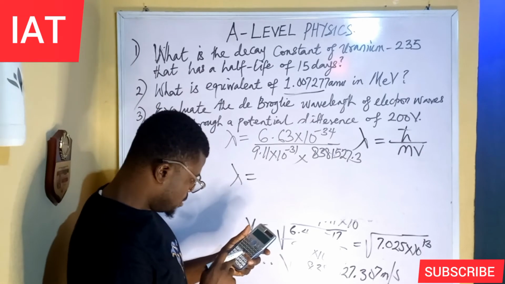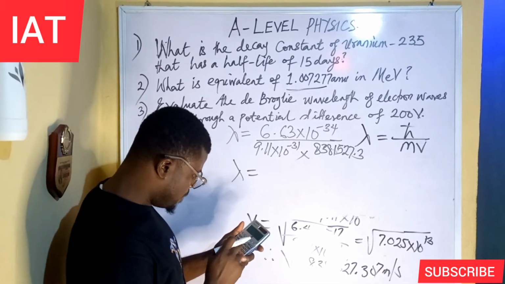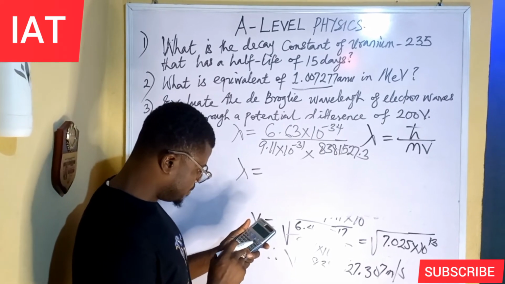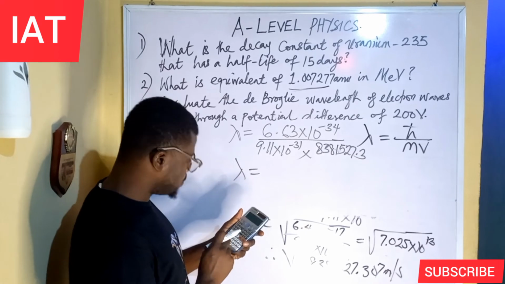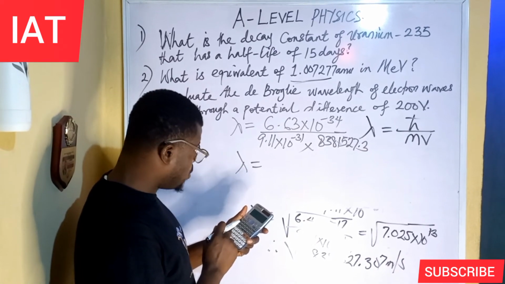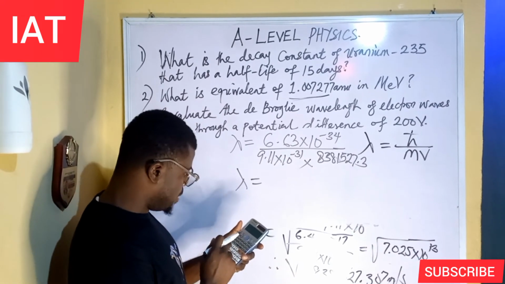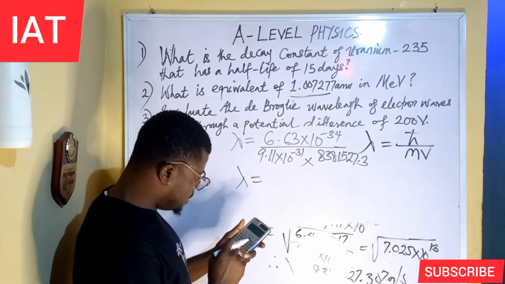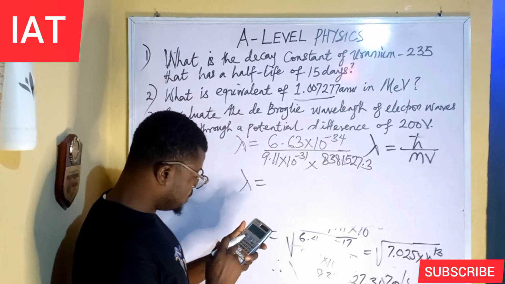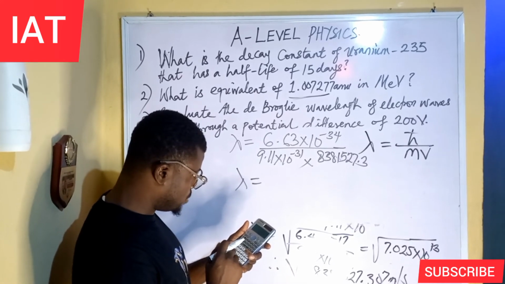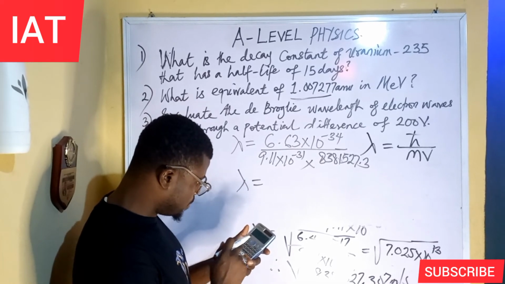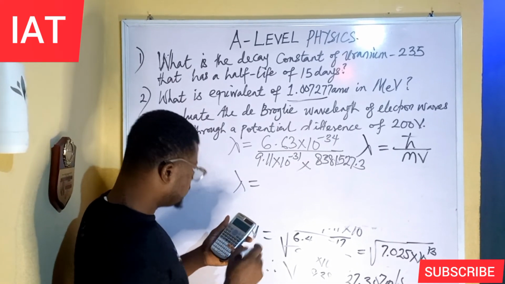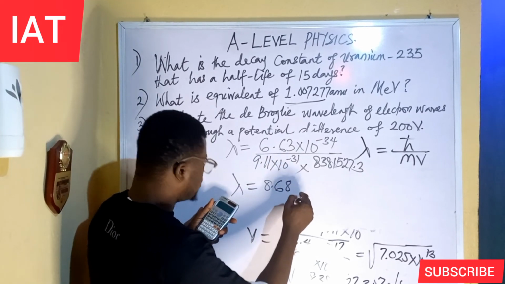By the time you put all these values together, you will see that the de Broglie wavelength will be 6.63 times 10 to the power of minus 34, divided by the product of 9.11 times 10 to the power of minus 31 and 8381527.3, and this will give us the result of 8.68 meters.